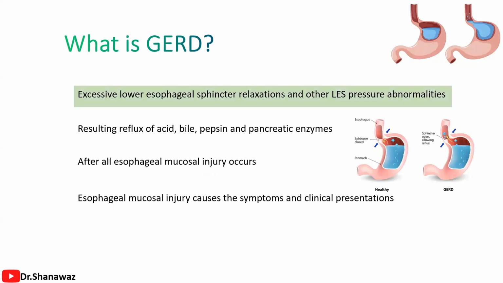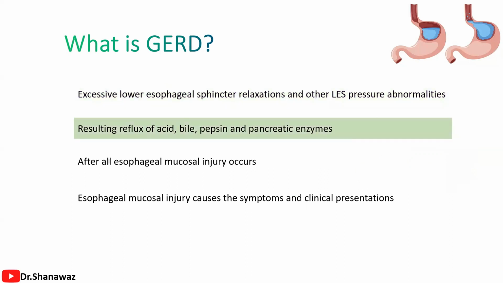So we see what is GERD in pathophysiology. We see that excessive lower esophageal sphincter relaxations may cause GERD, because of which the sphincter is not closed well, and the gastric content will be refluxed into the esophagus. Other lower esophageal pressure abnormalities may cause GERD as well.